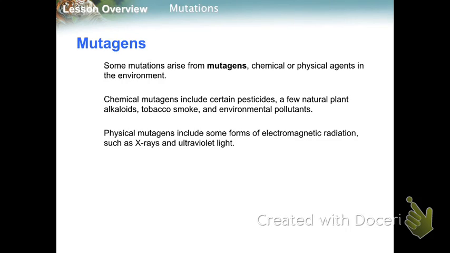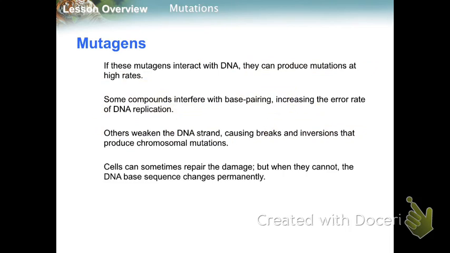Some mutations arise from what we call mutagens. These are chemicals or physical agents in the environment. Some examples include pesticides, plant alkaloids, tobacco smoke, and environmental pollutants. These are chemical mutagens. Physical mutagens are electromagnetic radiation like X-rays and ultraviolet light. If these mutagens get into contact with DNA, they produce mutations at high rates.